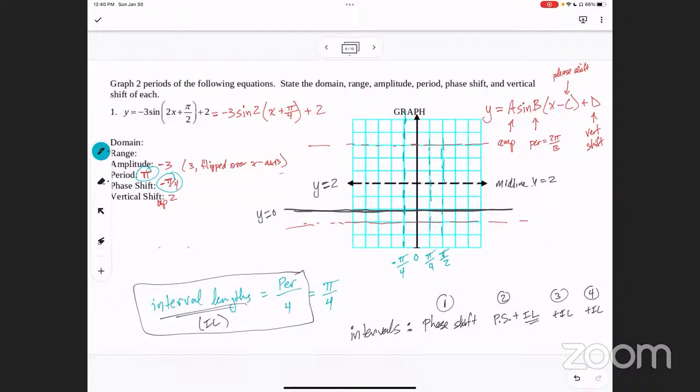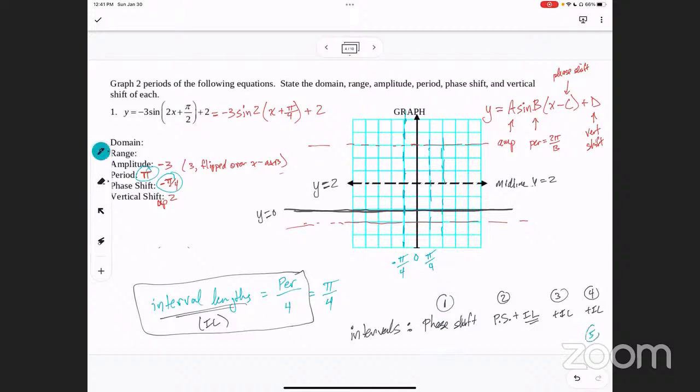now let's think about what the sine function does. The sine function normally starts in the middle, right? And it ends in the middle. I feel like I missed an interval. What did I miss? I missed one, didn't I? Sorry, hold on. Oh, sorry. Yeah, there's one more.